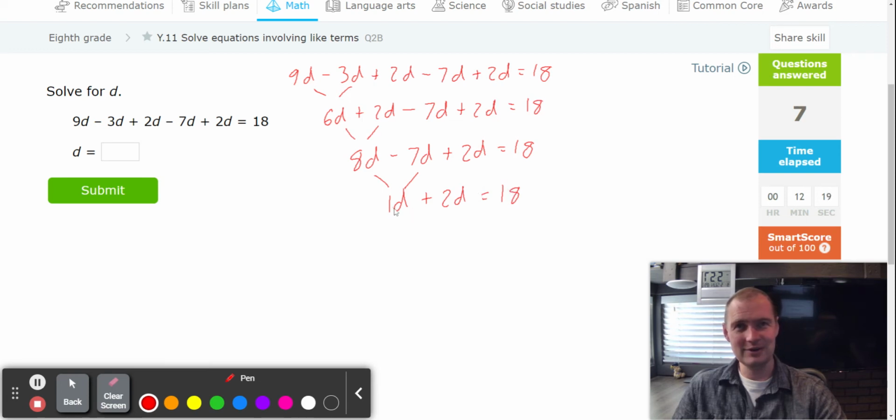And this is going to be pretty nice. Here we go. 1d plus 2d is 3d equals 18. And the opposite of multiplying 3 times d is to divide both sides by 3. And therefore, d equals 18 divided by 3, which is 6. So we're going to plug in 6 for our d.